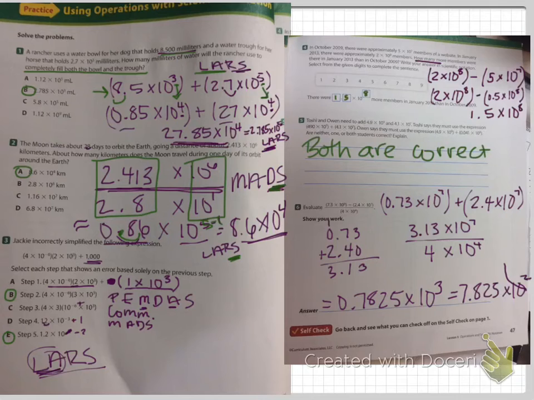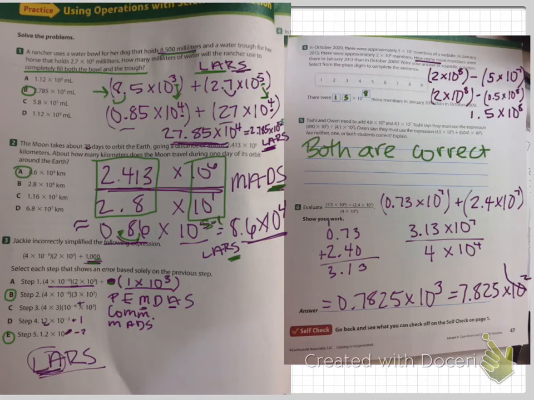Alright, number 3. We have to figure out what she did incorrectly. I'm just going to tell you right off the bat the answer is B and E. And if you look closely, so if you can see, I changed this 10 to the third power to what we're used to seeing, 1 times 10 to the third power. I just converted this into scientific notation.